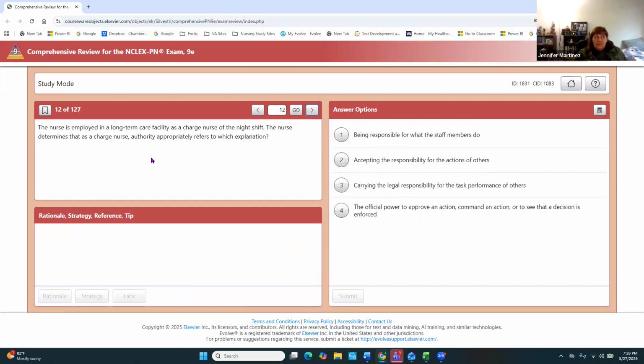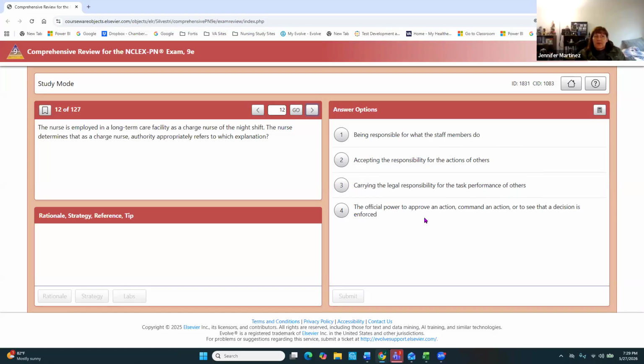All right. The nurse is employed in a long-term care facility as a charge nurse of the night shift. The nurse determines that as a charge nurse, authority appropriately refers to which explanation. 1, being responsible for what staff members do. 2, accepting the responsibility for the actions of others. 3, carrying the legal responsibility for the task performance of others.